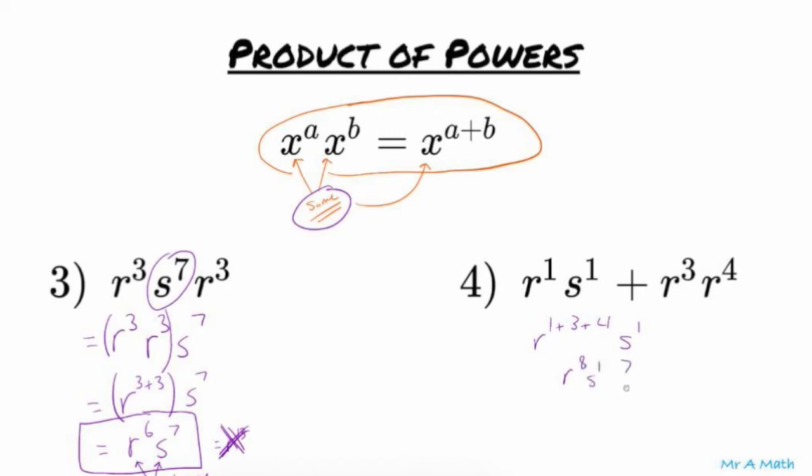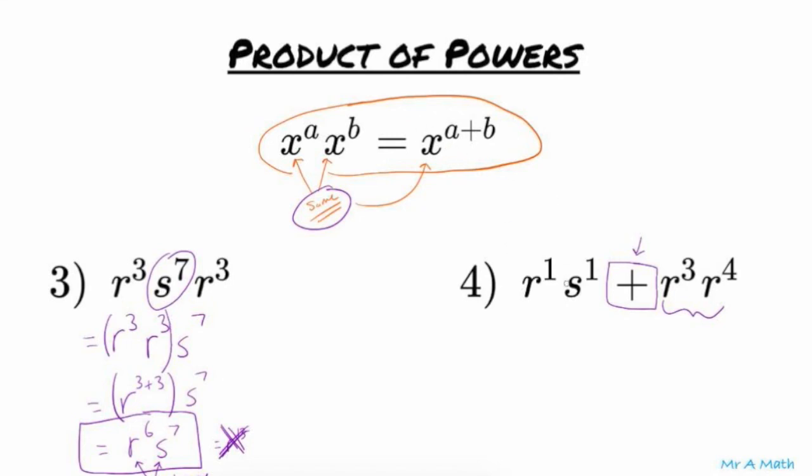Is this right? And the answer is no, this is not right. The reason why it's not right is because these two r's are being multiplied together, but this r is not being multiplied. As you can see, there is a plus symbol here. So we need to make sure that the plus symbol does not work in our product of powers.